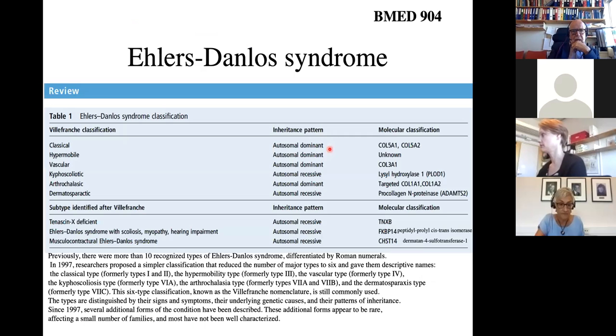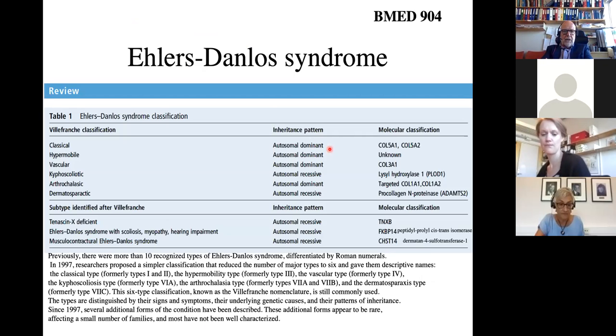And I think when I updated this lecture recently, I put in an updated subdivision of the Ehlers-Danlos classification, where you have a classical type, which is due, in the majority of cases, to mutation of collagen type 5.